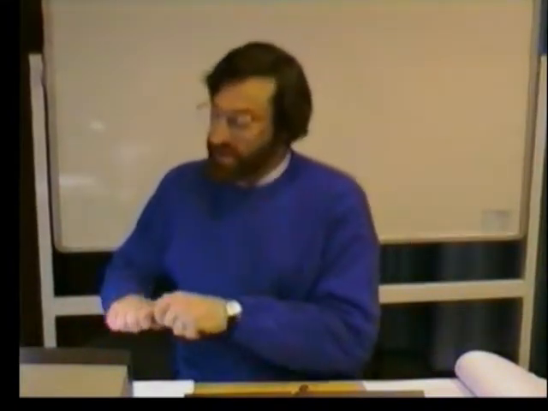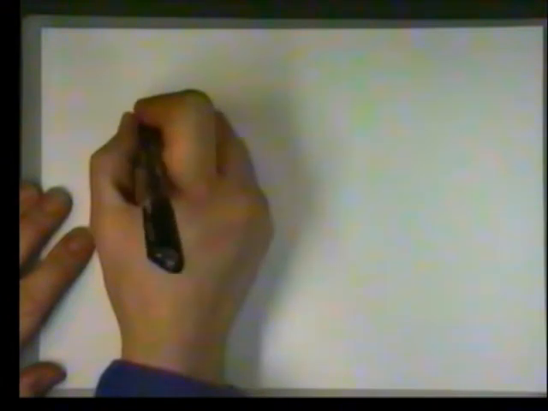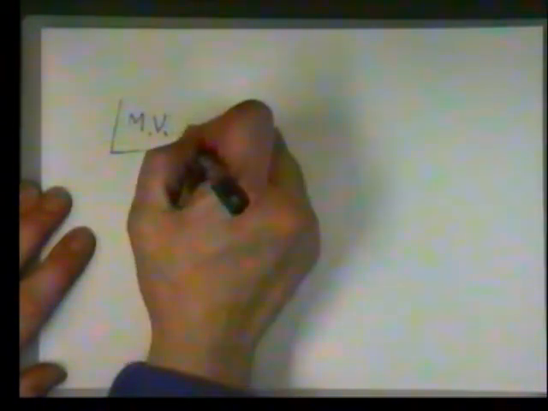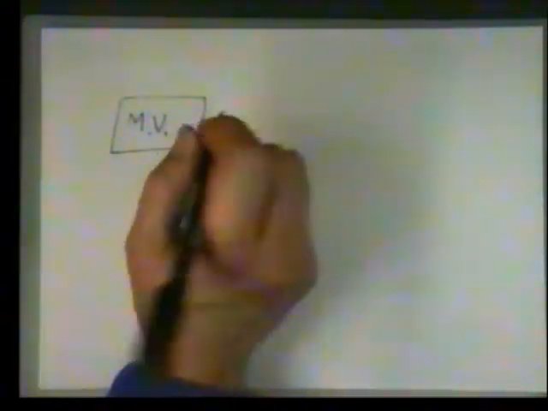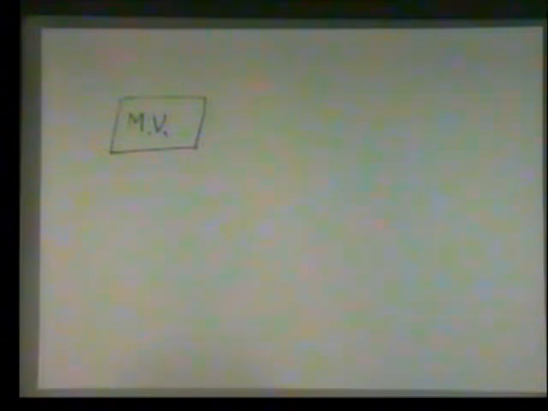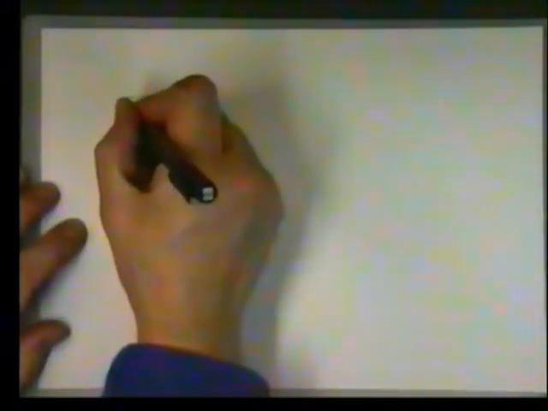Let's consider the sort of diagrams we have to deal with. Now, typically, the way control structures are drawn is we have coming out of the system, the real world, a variable that we will refer to as MV. MV is our measured variable.